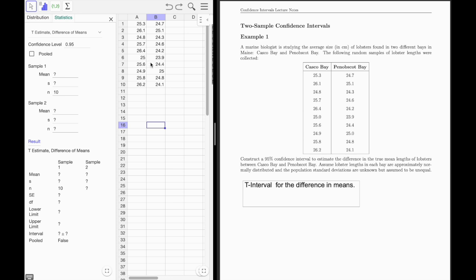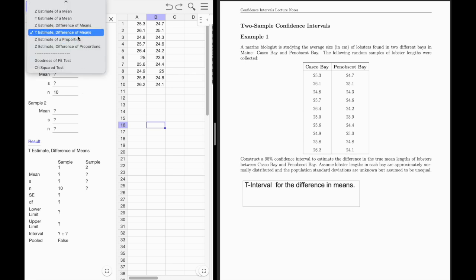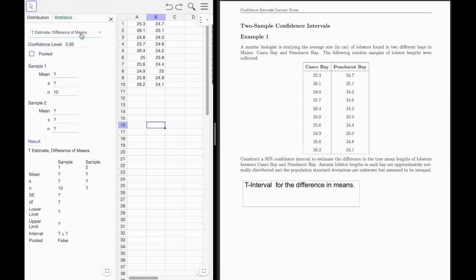Okay, now that you have your data in, make sure you select a t-estimate for your t-interval for the difference of means. So this is what we're doing now with two different samples.